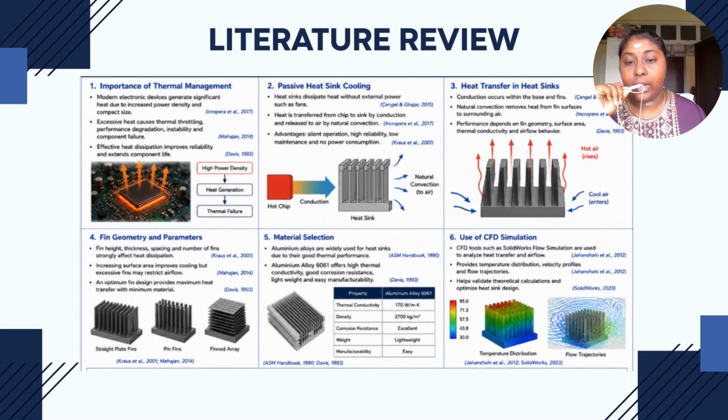Aluminum alloys are widely used for heat sinks because they have good thermal conductivity, are lightweight, corrosion resistant, and easy to manufacture. Finally, studies also highlight the use of CFD simulation tools, such as SolidWorks flow simulation, to analyze temperature distribution, velocity profiles, and airflow movement. This supports the validation of manual calculations and helps to optimize the heat sink design.